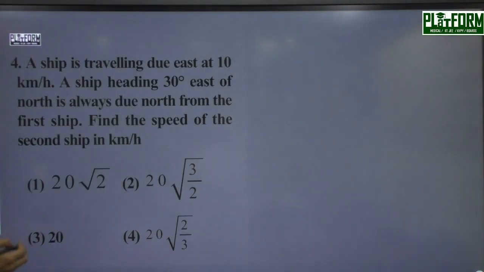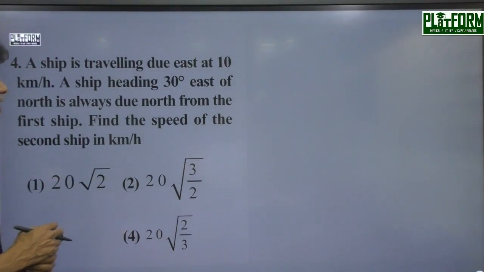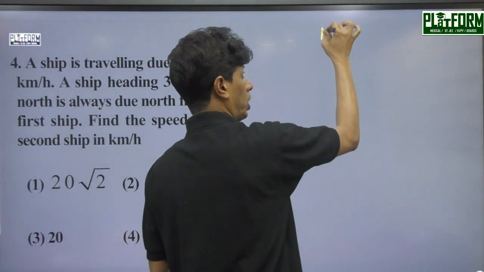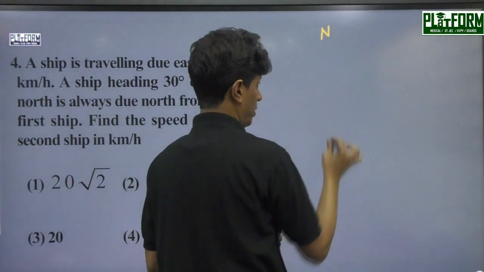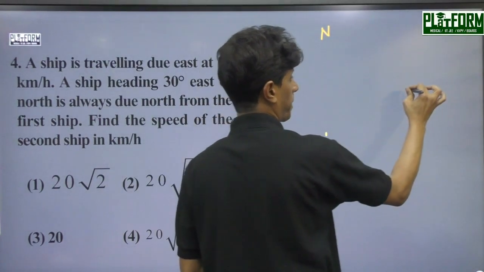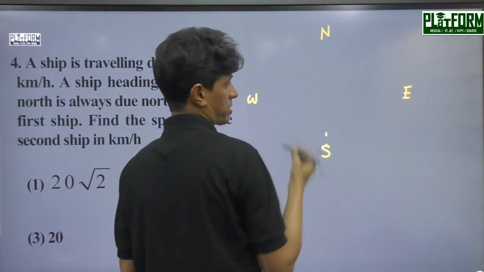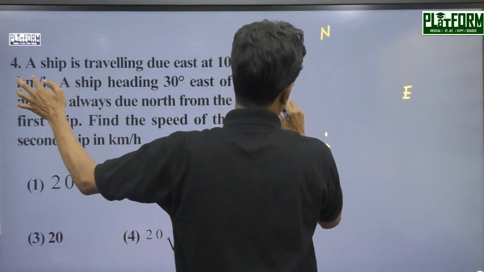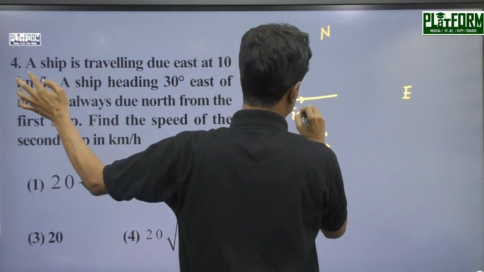Next problem. A ship is traveling due east at 10 km per hour. As per the geographical convention, we have north, south, east, west. A ship is moving towards east; let us say the velocity is u.